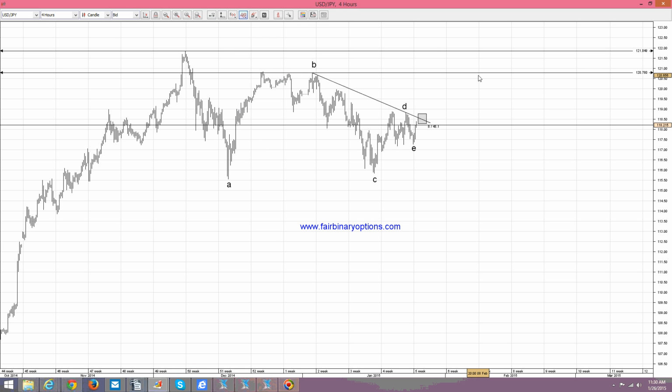Now it depends very much if this triangle will turn out to be a limiting triangle or a non-limiting triangle, because if it is a non-limiting triangle, then it has no limitations for the move to come to the upside.